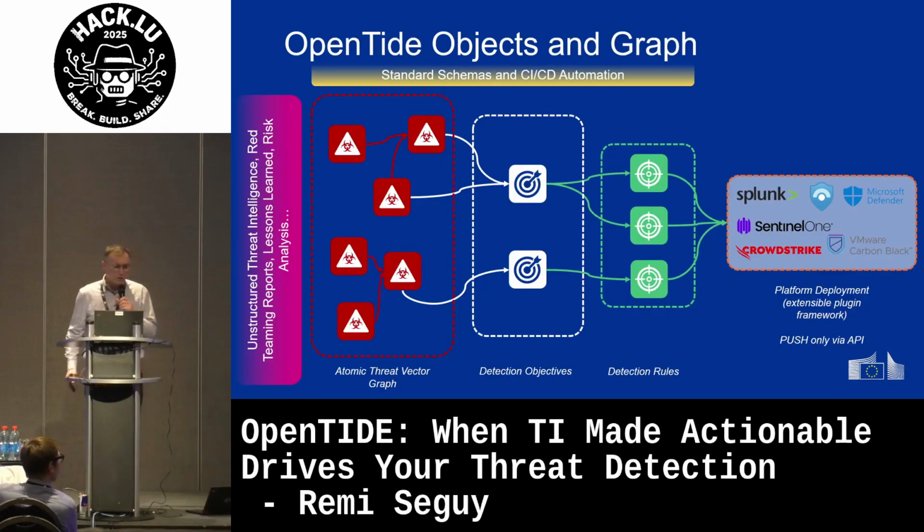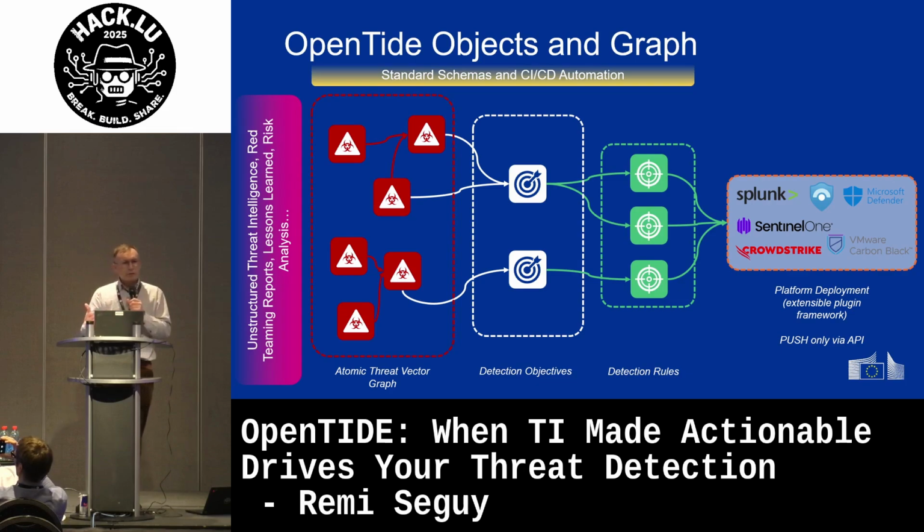So the framework, on the left, you have all the unstructured threat intelligence, PDF files, blog posts, etc., sometimes also a bit structured. Then we have models to document the attack vectors, we call threat vectors. And then once we have documented that, we are going to define what detection objective we need to cover those threats.